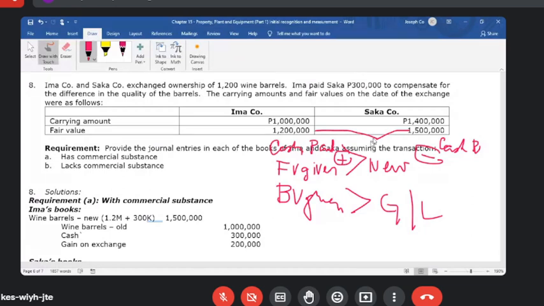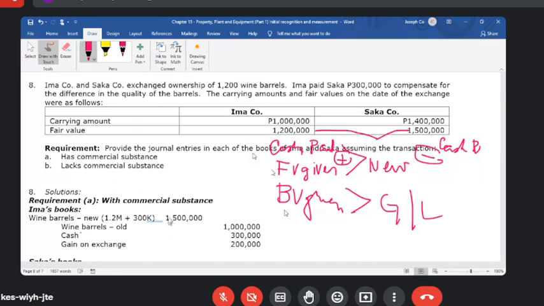Journal entry, no, fair value given of 1.2 plus cash paid, debit new asset 1.5, credit old asset 1 million, credit cash 300, and then the difference is gain on exchange, no. Cash paid 300 plus fair value given 1.2, new asset is 1.5.